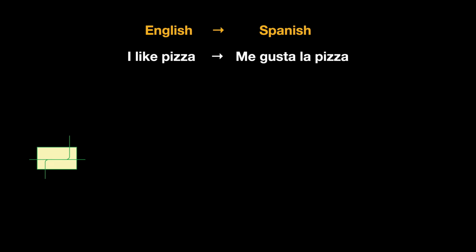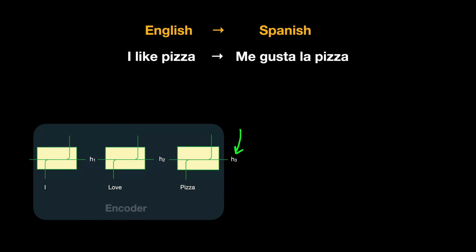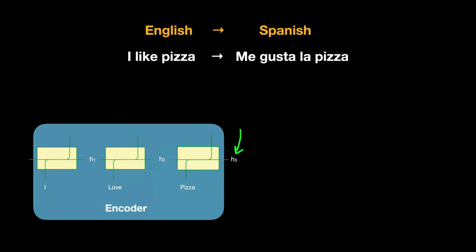In this step, the input words will be processed sequentially one after another in the encoder. As each word is processed, the hidden state of the RNN accumulates the information, and eventually this will have the entire summarized context available.